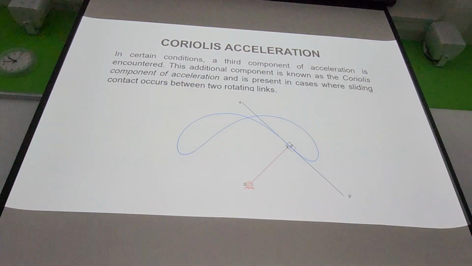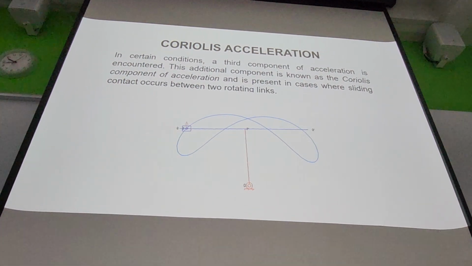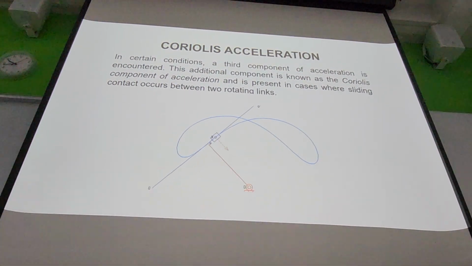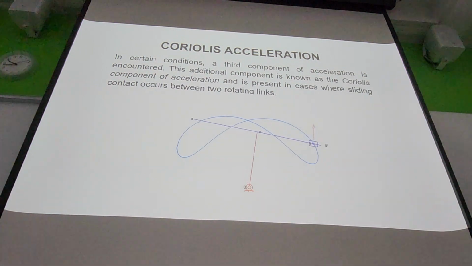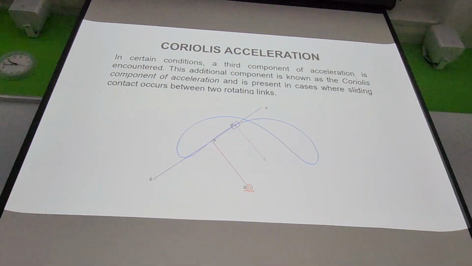You can see that as the slider is moving and also as the link is rotating, the orientation of the direction of the slider will be changing. This is very similar to the winds blowing from east to west because of the Earth's rotation, as if the winds change their direction. This is known as Coriolis acceleration.